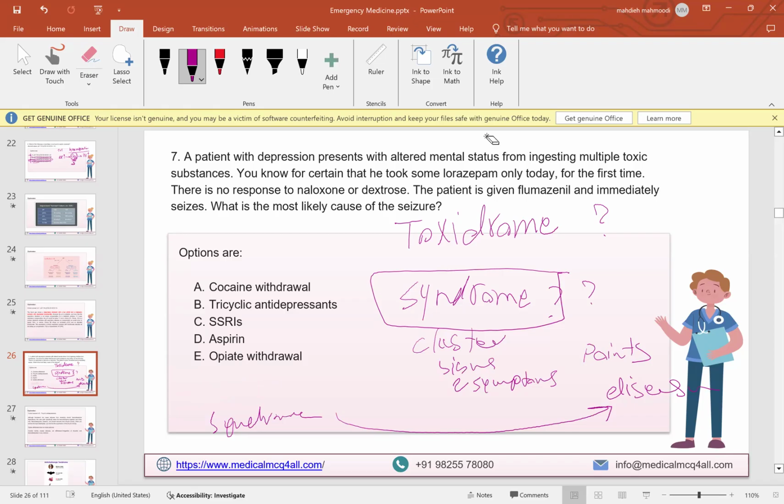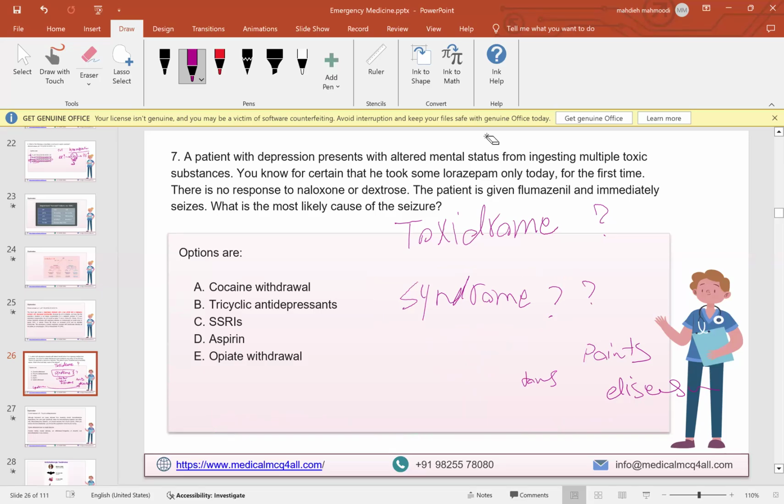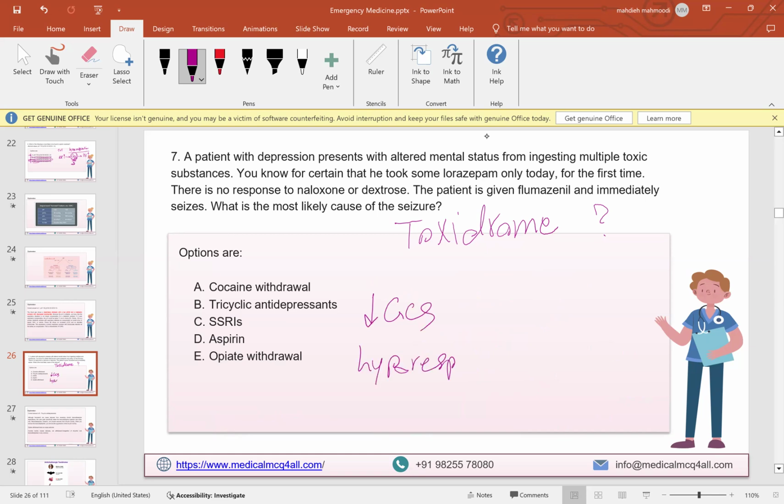Okay. Example, a patient comes to you with low level of consciousness, pinpoint pupils, hypo-respiration. What is this the toxidrome of? Which poison? Low level of consciousness, hypo-respiration, pinpoint pupils.